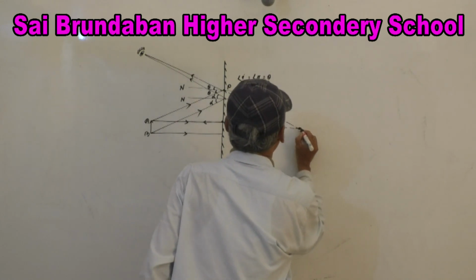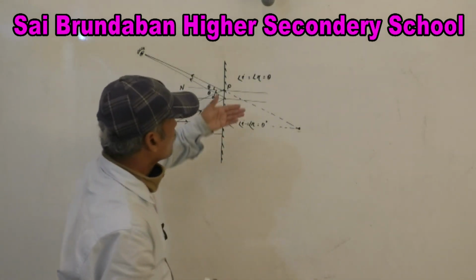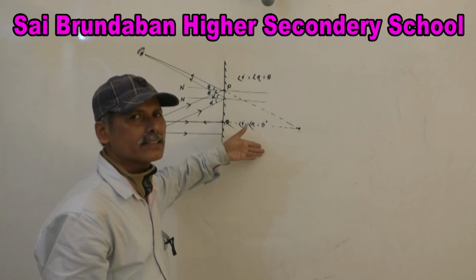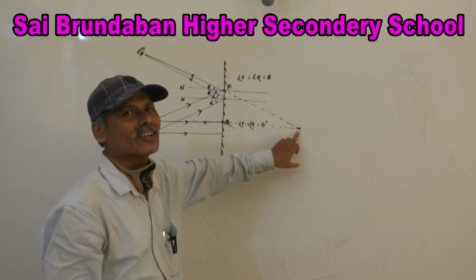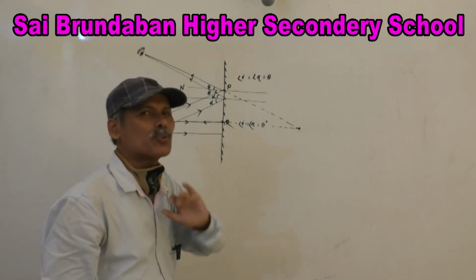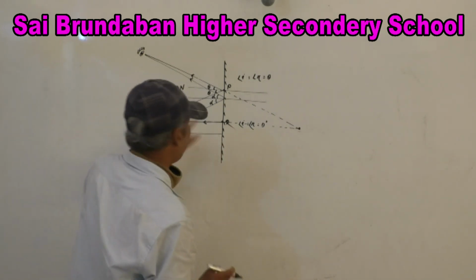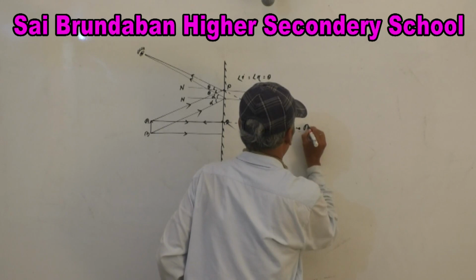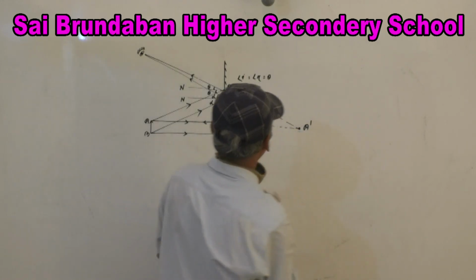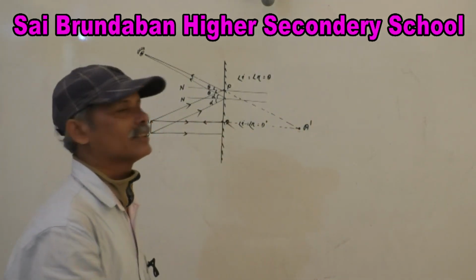Here, both the extended rays intersect each other. So a virtual point is generated and the virtual point is A dash. Similarly, you can draw this.